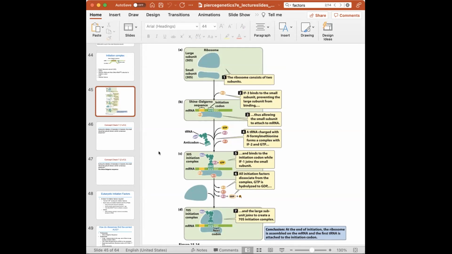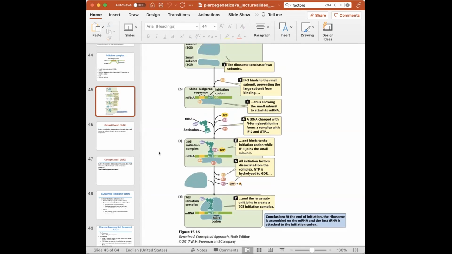Then you get your first transfer RNA, the tRNA that comes in with methionine, which is your first amino acid. It binds to your ribosome with the help of your other 2 initiation factors, IF1 and IF2.